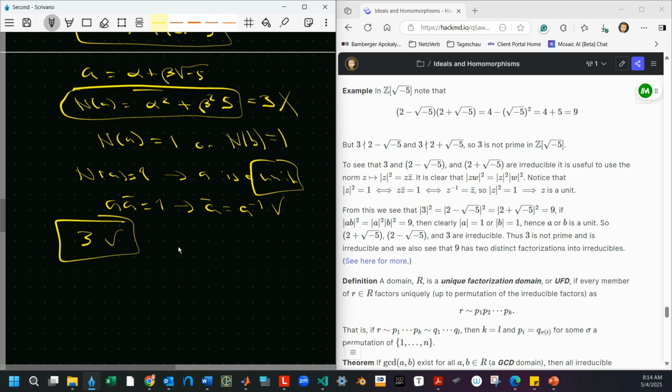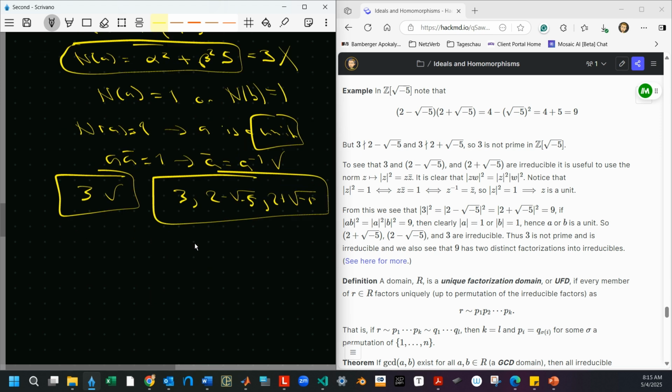So what we have here is 3, 2 minus root 5, and 2 plus root minus 5 are all irreducible, right? So those are all irreducible. Notice that what this means is 3 times 3 equals 2 minus square root of minus 5 times 2 plus square root of minus 5. This will come up in a minute.